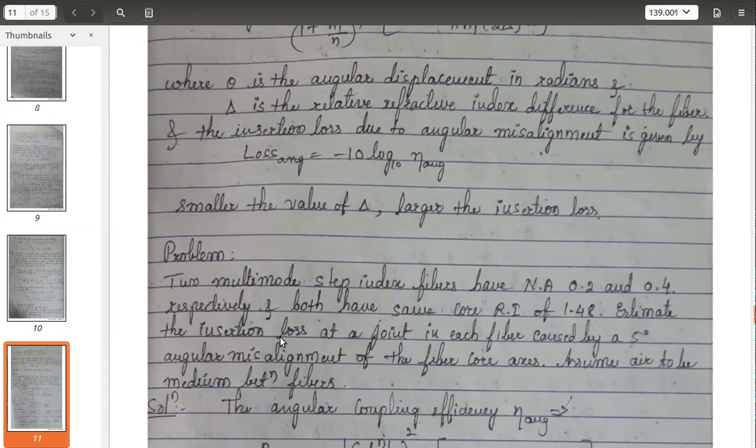Estimate the insertion loss. Insertion loss is nothing but your misalignment loss at the joint in each fiber. Okay, you have to find the loss in each fiber caused by 5 degrees angular misalignment. Theta is given as 5 degrees of the fiber core axis. Assume the air to be the medium between the fibers. So n, small n, is the air in between the two fiber joints. जो medium है, that is air.